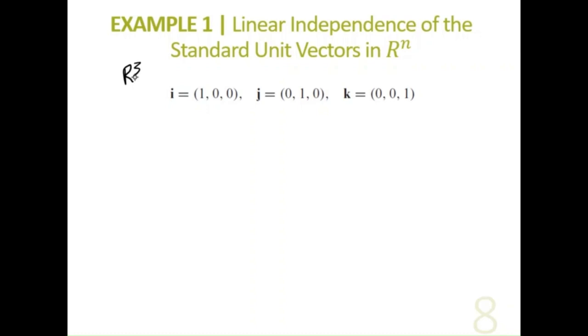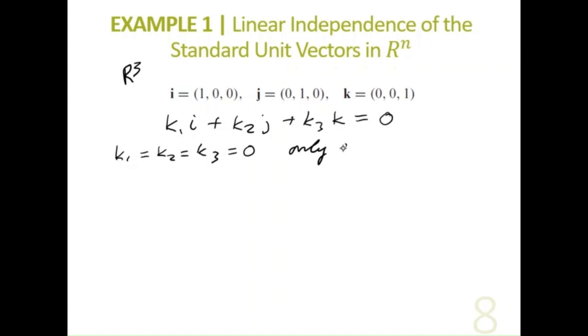From that theorem I just showed you, we need to show that if we set these up as part of a homogeneous system, so we have k1 times i plus k2 times j plus k3 times k, all of that equal to 0, we will know that this is a linearly independent set if and only if k1 equals k2 equals k3 equals 0. So we only get the trivial solution for our unknowns k1, k2, k3.